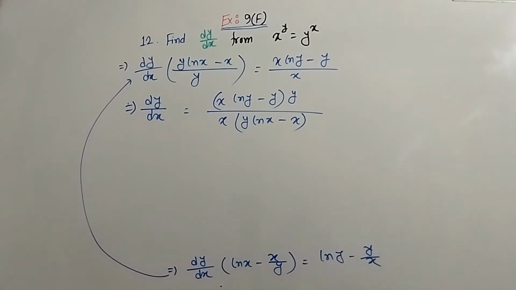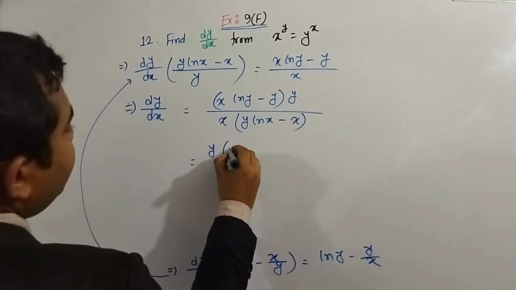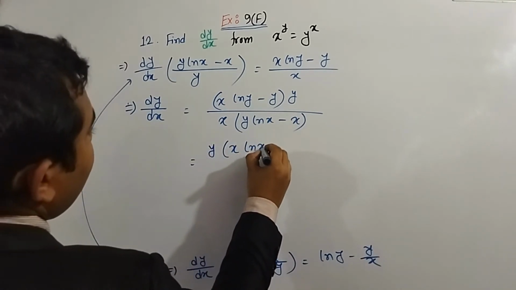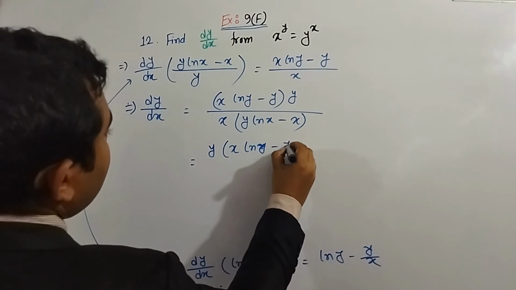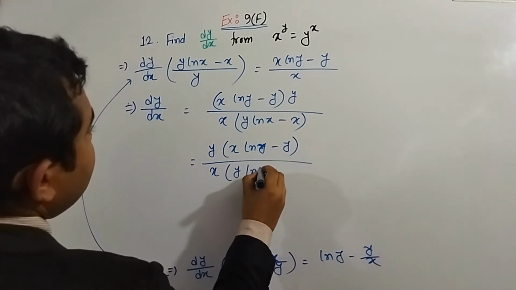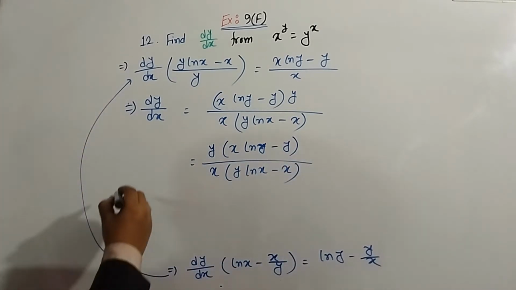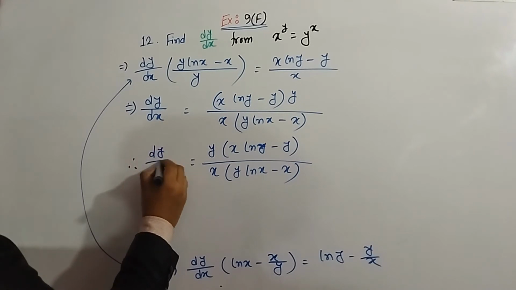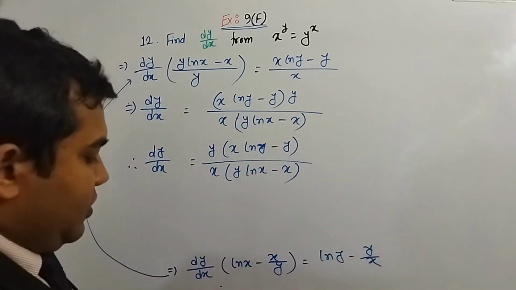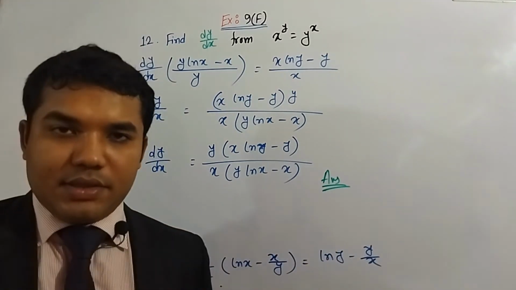So the answer should be y(x ln y minus y) over x(y ln x minus x). So that's our required answer.